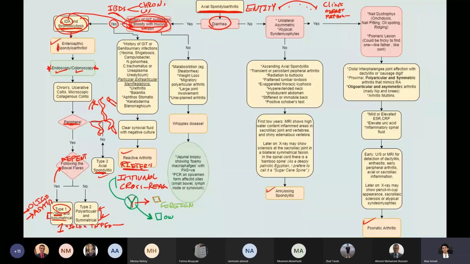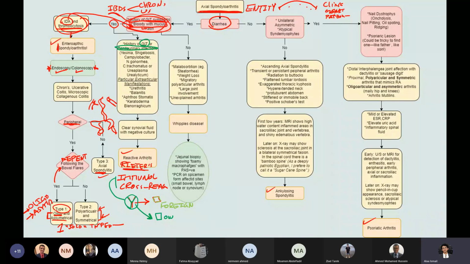The patient comes to you with a history of gastrointestinal infection or genitourinary infection. Usually the causative agents are Yersinia, Shigella, Campylobacter, Neisseria gonorrhoeae, Chlamydia trachomatis, or Ureaplasma urealyticum. What's quite unique about this disease is that it's a reactive arthritis.